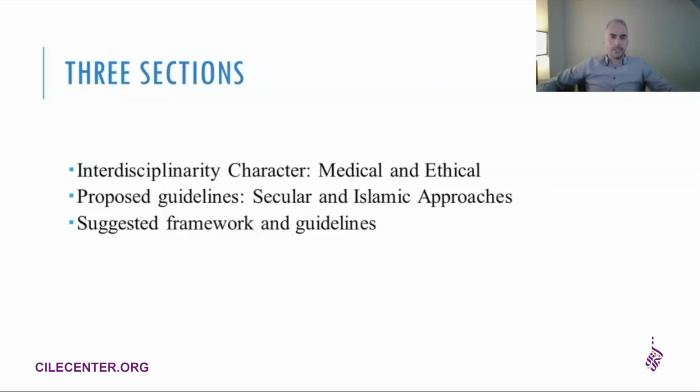In the third and last section, I'm going to suggest a theoretical framework and guidelines on how to respond to this ethical dilemma, which is the scarcity of medical resources. So let's start with the first section then.